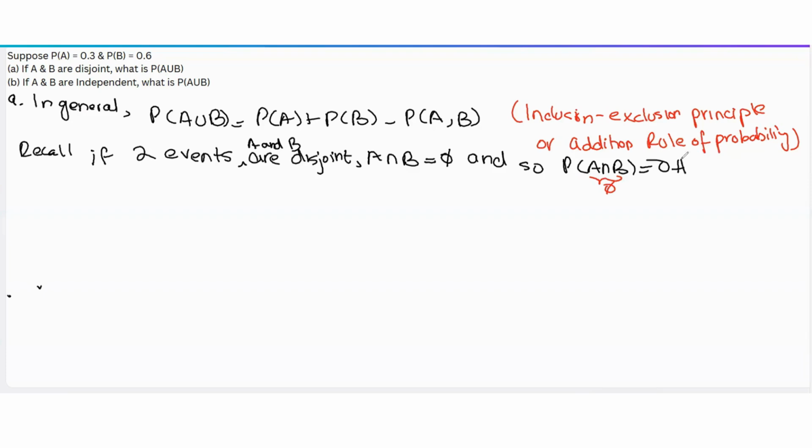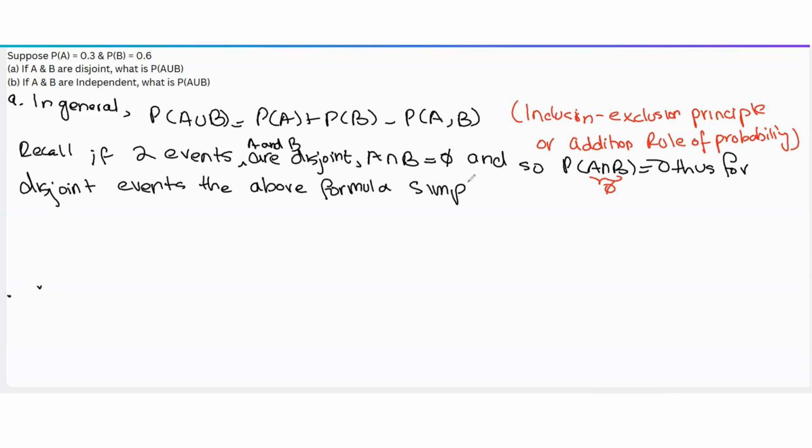Thus for disjoint events, the above formula simplifies. In general, the formula is given by the inclusion-exclusion principle, but for disjoint events, because this probability is 0, it simplifies to the probability of A union B being just the probability of A plus the probability of B, because A intersection B is a null set and its probability is 0.